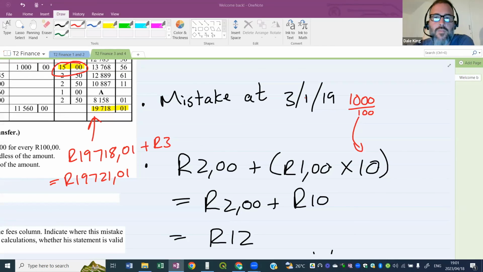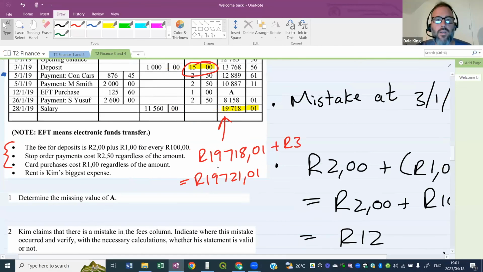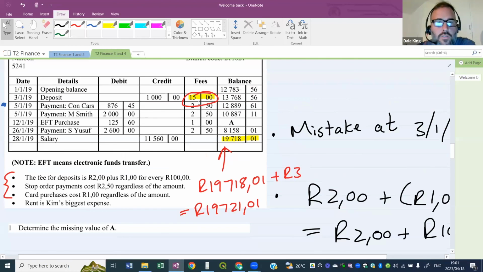I wanted to ask, where does the 3 come from when you said 19,718 comma 0.01 plus 3? Okay, I'll tell you. Did you see in the bank statement that they charged a fee of 15 Rand for the deposit? Do you see that? Yes, sir.